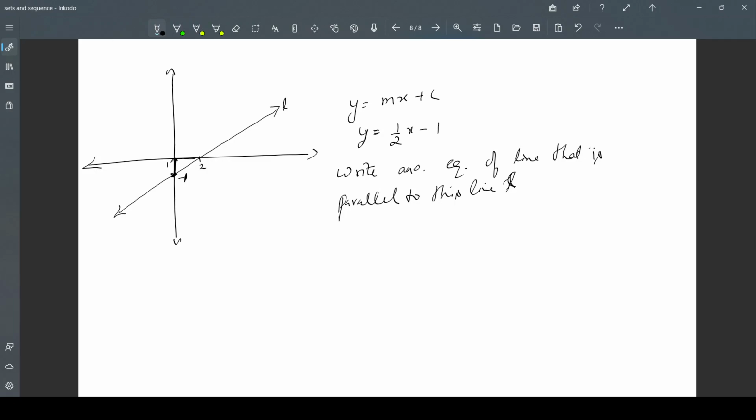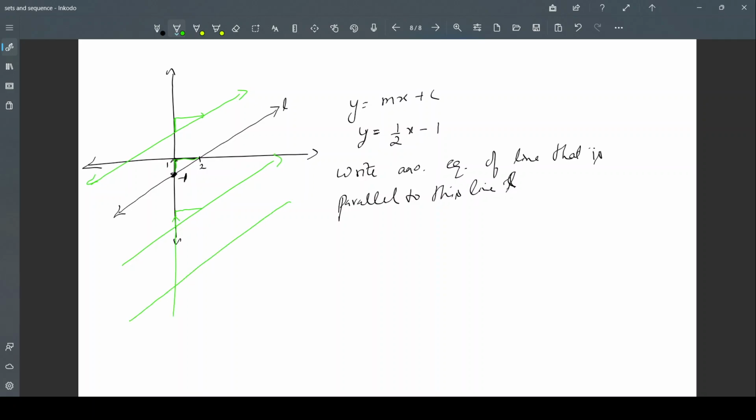You should be very clear that whatever line is parallel to this one, it can be here, it can be here, it can be anywhere in this graph, right? Whenever the lines are parallel to each other, the magnitude will be the same. Magnitude means rise and run, rise here and run over there. So the magnitude will always be the same for any of the parallel lines.